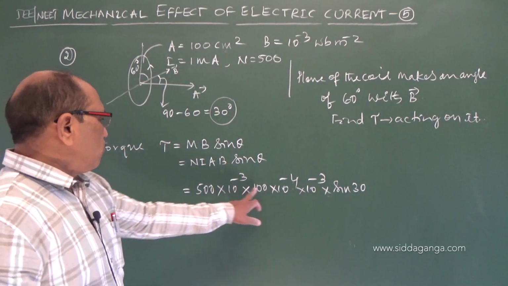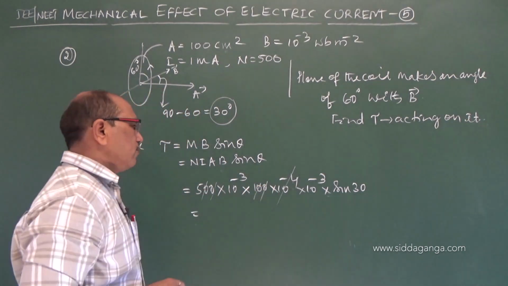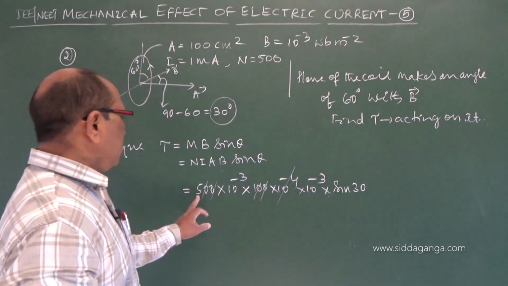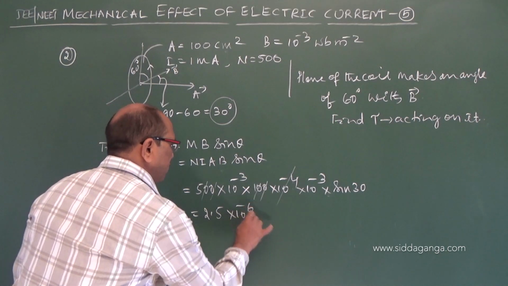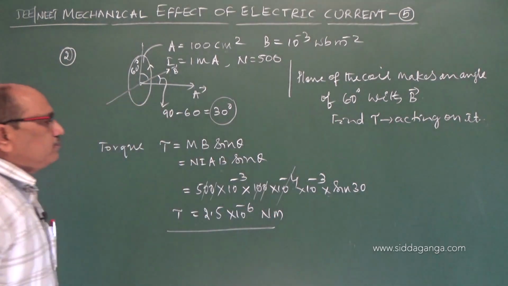So the 4 cancels with this 4, remaining minus 3 minus 6. Sine 30 is half, therefore it becomes 2.5 into 10 power minus 6 Newton meter, which is the torque value.